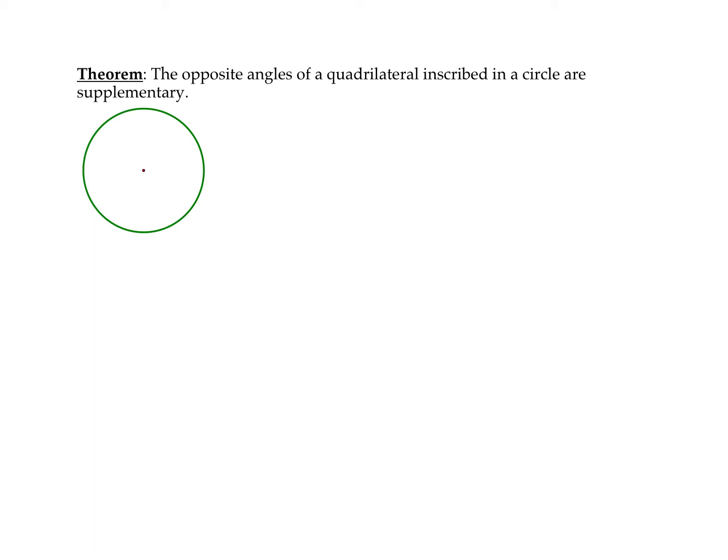The next theorem says the opposite angles of a quadrilateral inscribed in a circle are supplementary. A quadrilateral has 4 sides. Let's draw a quadrilateral so that the 4 vertices, or corners, end up on the circle.